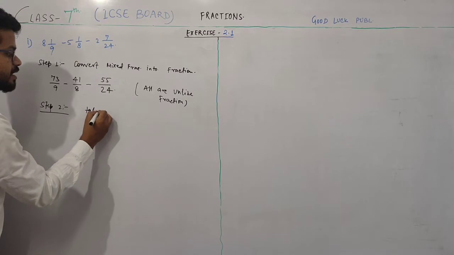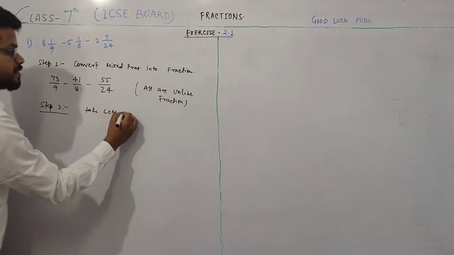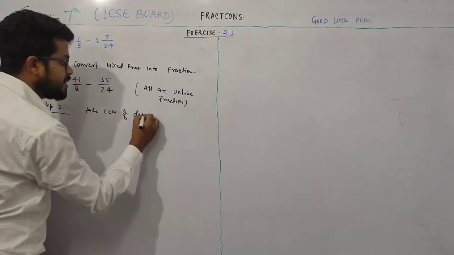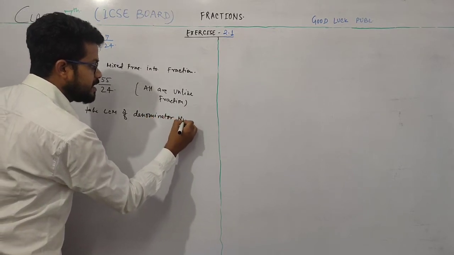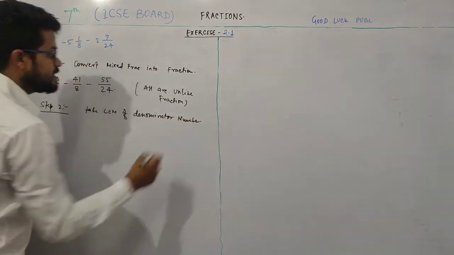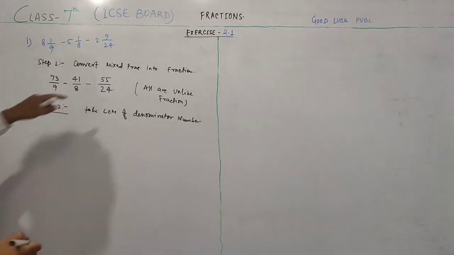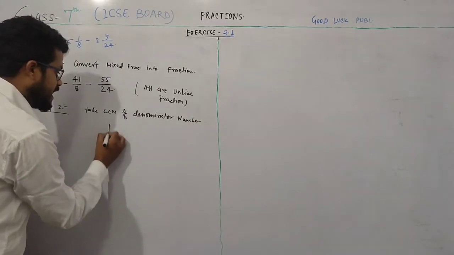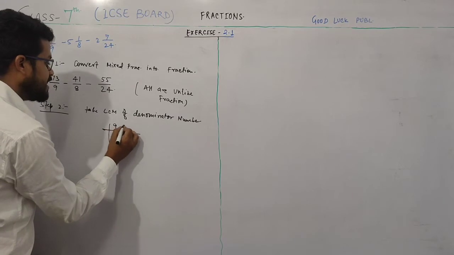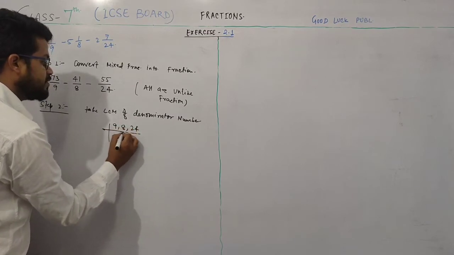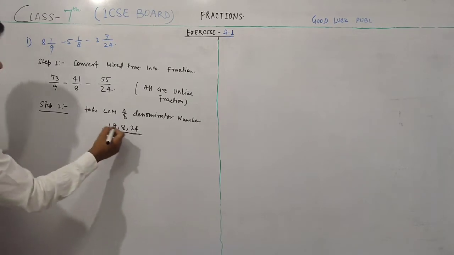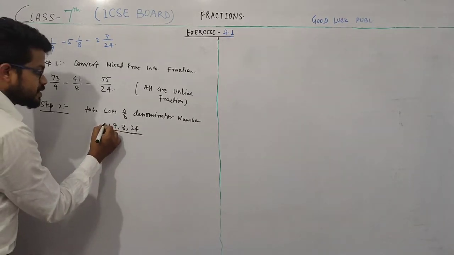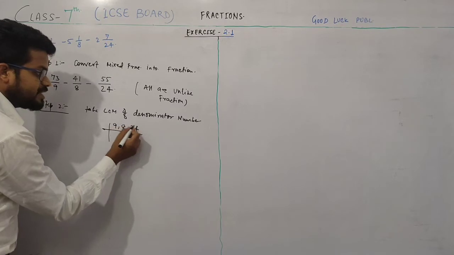So step 2, take LCM of denominator number. So here it is 9, 8, 24. So I take LCM of 9, 8 and 24. Firstly I divide, 8 3s are 24.